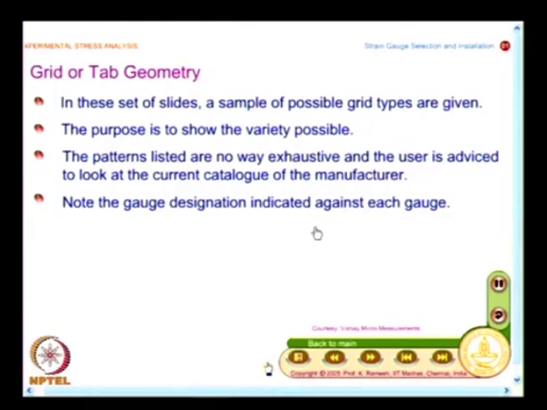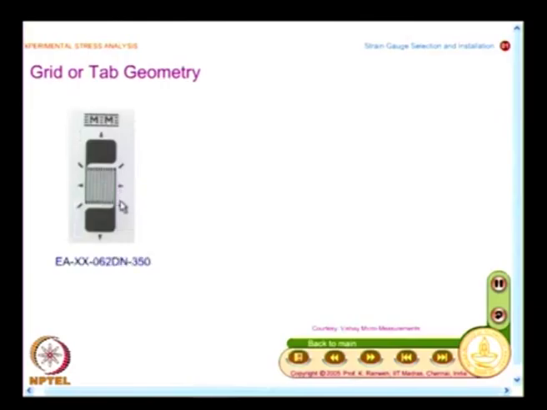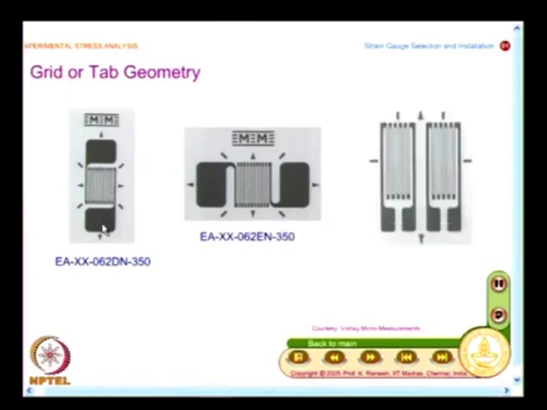And obviously, the simple strain gauge is a simple loop like this, and what is shown here is you have the tabs on either end, and for this the particular manufacturer gives this as EA-XX.